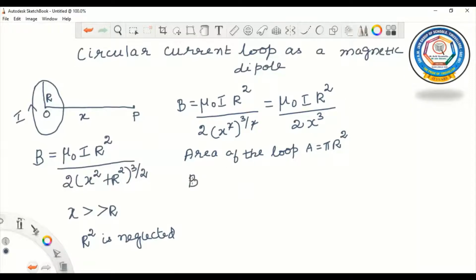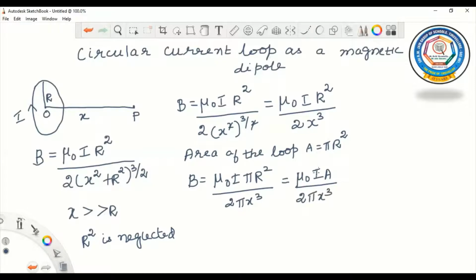B is equal to mu naught I pi r square divided by 2 pi x cube. Am I right? Now replace this pi r square by A. So what will you get? Mu naught I A divided by 2 pi x cube.